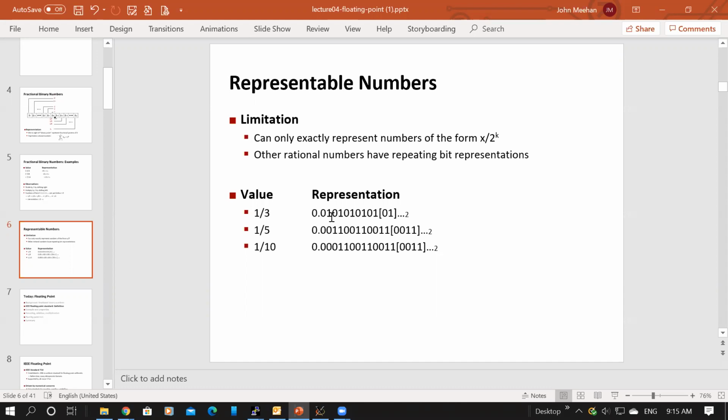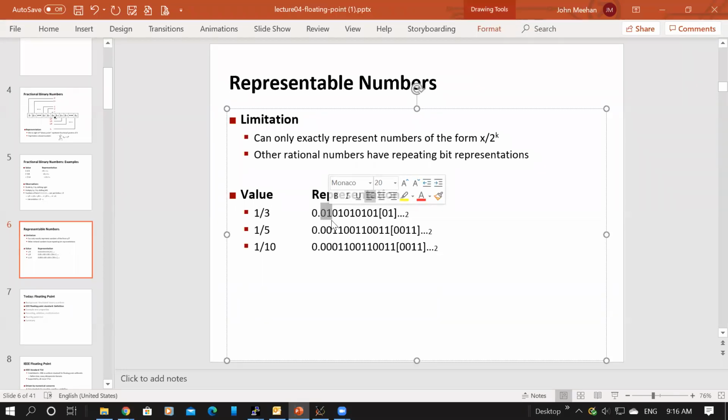And so you can't quite ever get exactly a third, but this 0 1 thing just ends up repeating endlessly to get closer and closer and closer to a third, however many positions of precision that you have in the available width of the word on the computer.